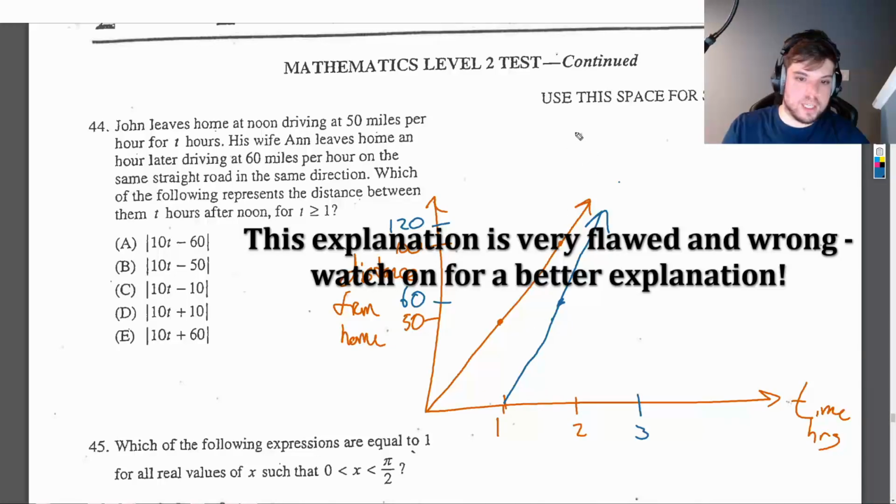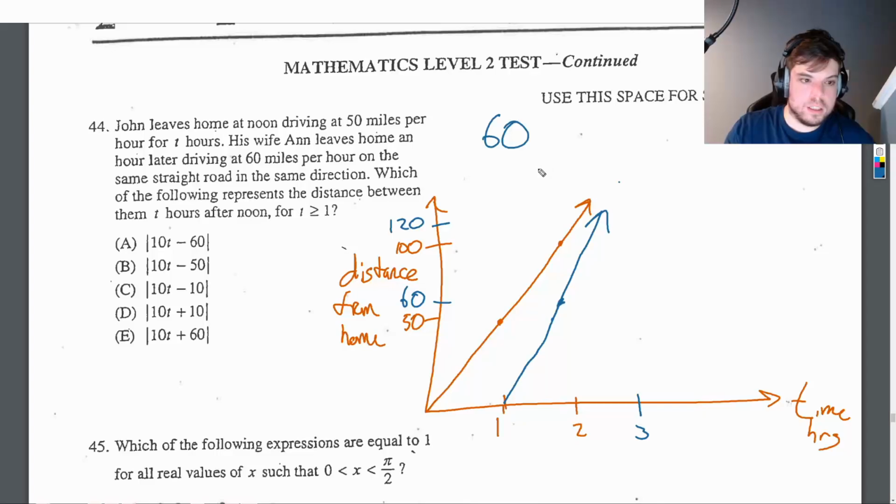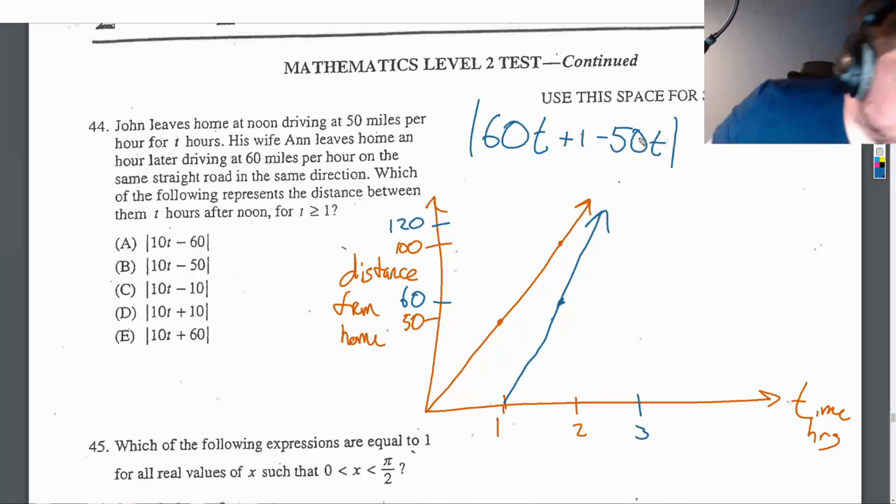So this turns out to be the rightmost function minus the leftmost function: 60(t plus 1) minus 50t. And then distance is absolute value.